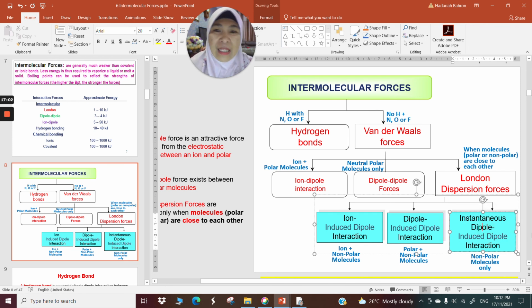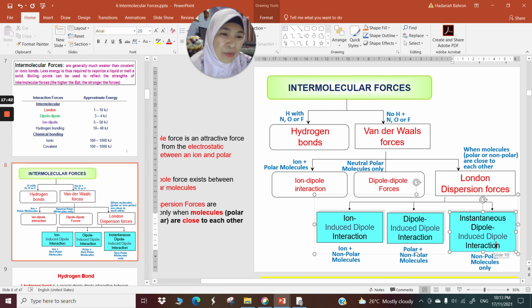That means the dipole that exists instantaneously through the fast movement will affect the neighboring non-polar molecule, making an induced dipole. So it is the interaction between your instantaneously produced dipole and the induced dipole that exists between two non-polar molecules.